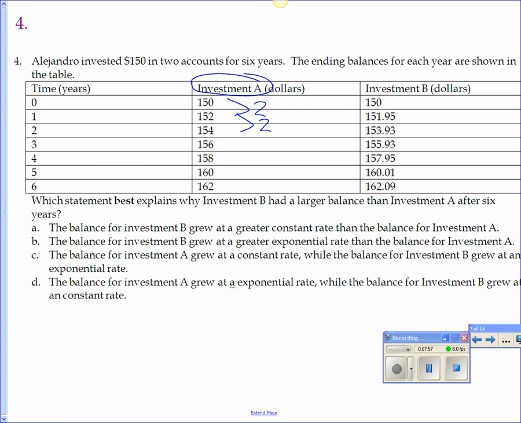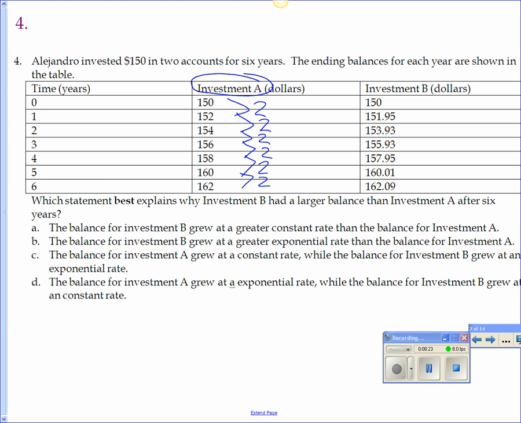And you can subtract those in your calculator if you're not sure where we're getting those from. What about 154 to 156? 2. 156 to 158? 2. 158 to 160? 2. And 160 to 162? 2.